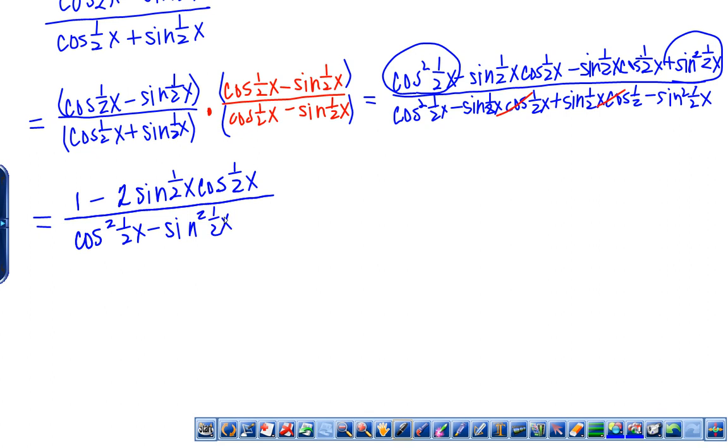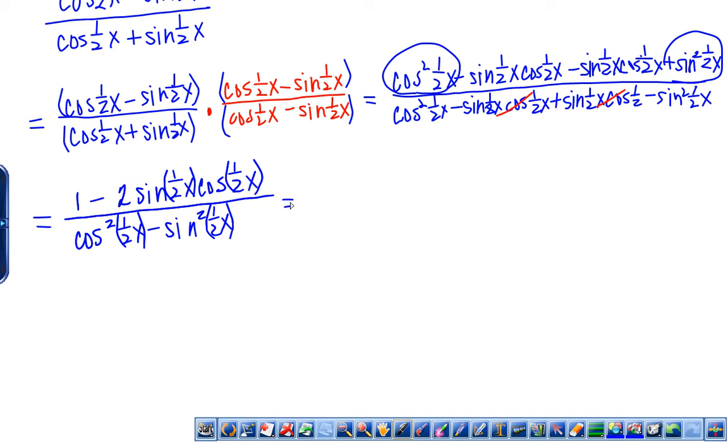Okay, now what I see here, I'm going to use a little bit of parentheses to see if some of y'all see it. I have 1 minus, but I see 2 sine x cosine x.